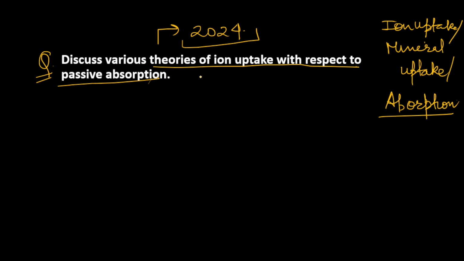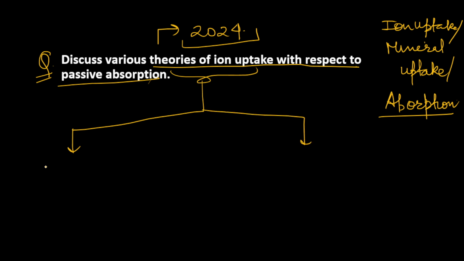So first of all, we should understand what the different theories of ion uptake are. Generally there are two kinds of theories of ion uptake. First one is active absorption, and second one is passive absorption. So what is the difference between active absorption and passive absorption?